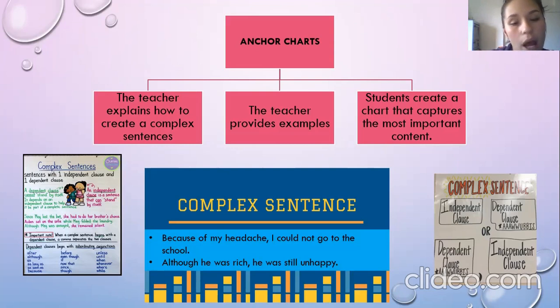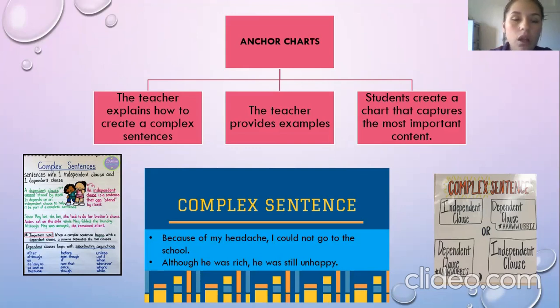Now, after that, they can use this chart several times wherever and whenever. And they can remember the grammatical rule using this chart.